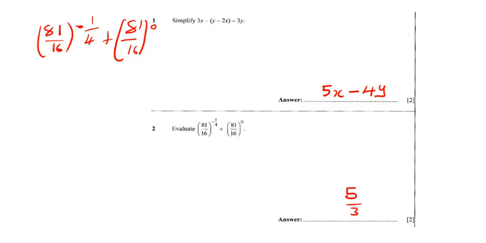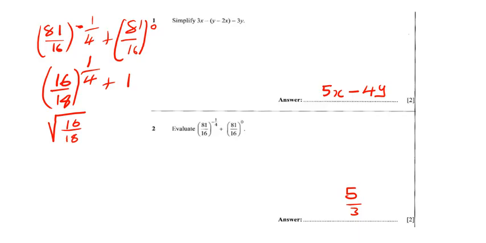The denominator becomes the numerator and the numerator becomes the denominator. So in this case you swap 16 and 81 there, and then you're going to have a positive 1 over 4, plus any number to the power 0, which is just a 1. Then you look for the fourth root of 16 and 81, plus a 1, and remember the numerator here, which is 1, becomes the power.